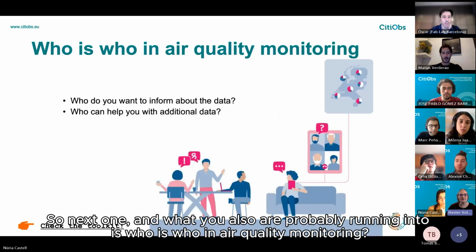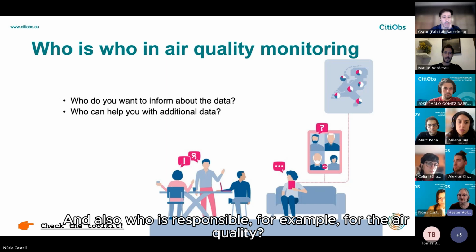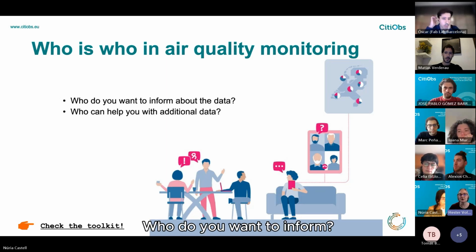So next one. And what you also are probably running into is who is who in air quality monitoring. What is already there? Is there already data? Is there already information? And also, who is responsible, for example, for the air quality? Who do you want to inform?